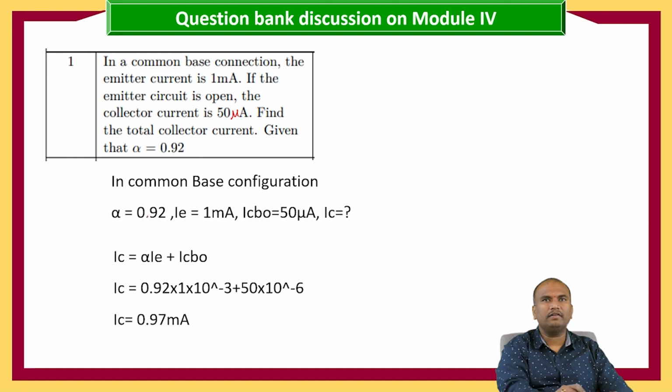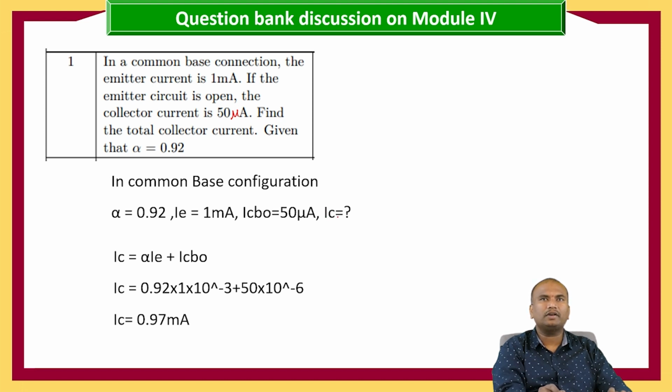Here the given data is alpha equals 0.92, emitter current is 1 milliampere. Here the emitter circuit is open, so the collector current is nothing but the leakage current, ICB0, which is equal to 50 microamperes.